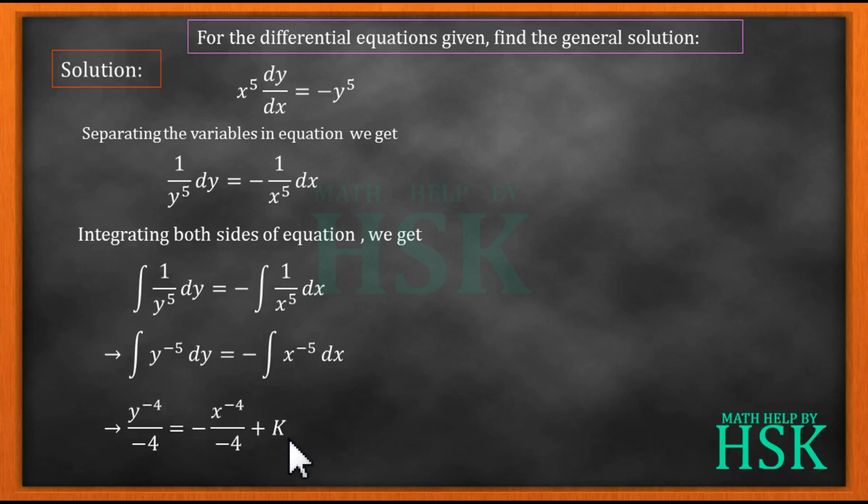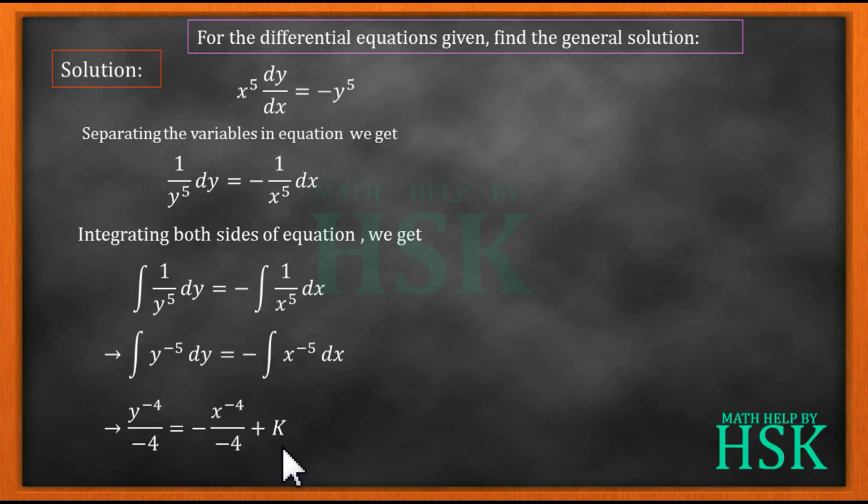If in any question you get the condition that the integral constant has to be replaced by a final integral constant, or there are chances that the integral constant can be different in the final answer, we take it as k instead of c.